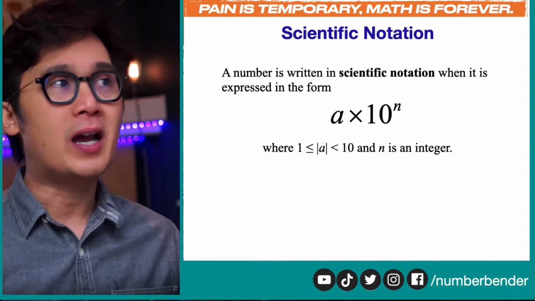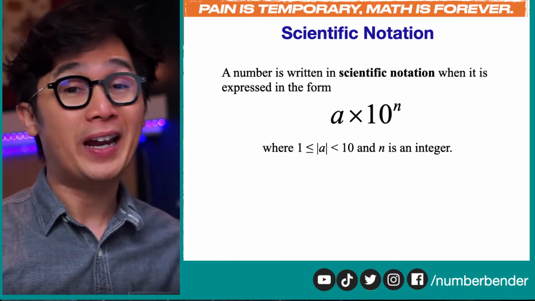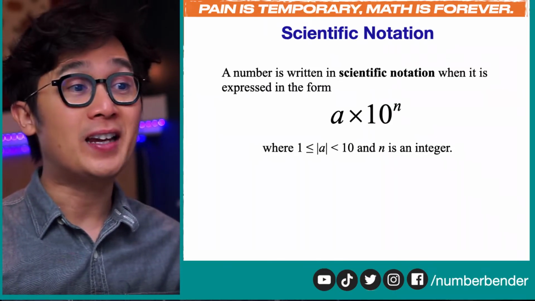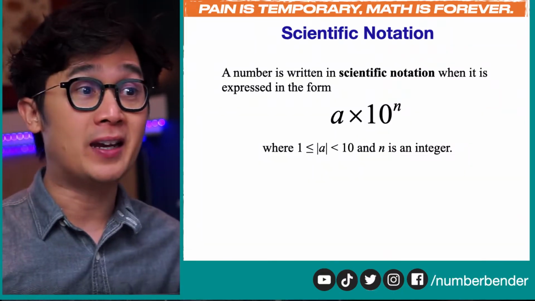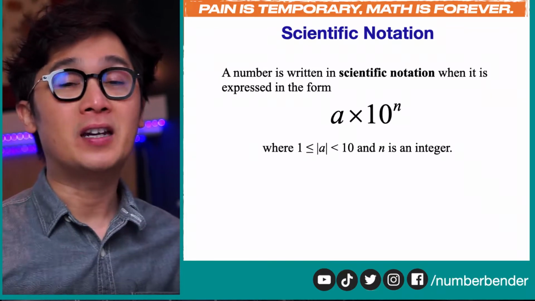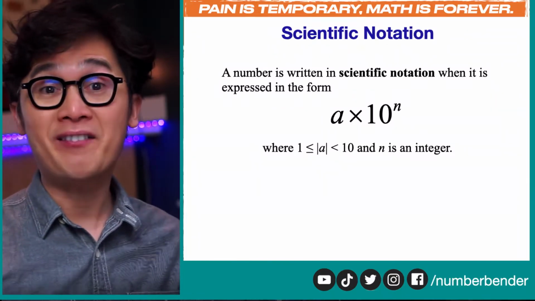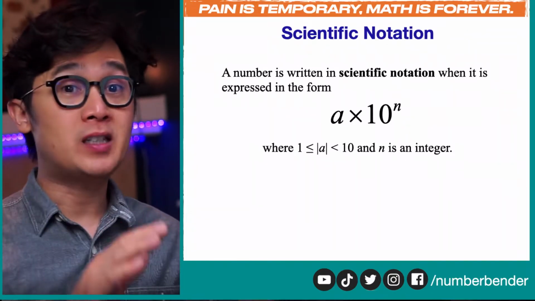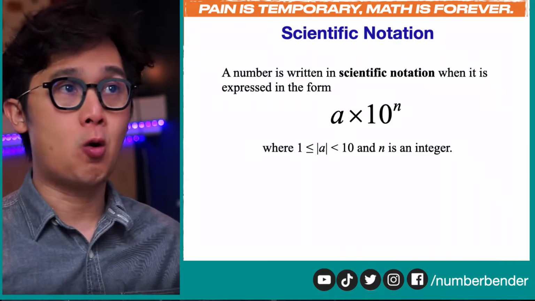This is how we write scientific notation, in the form a times 10 to the n, where a is a number between 1 and 10, and n is the power, which must be an integer, so it cannot be a fraction, but is either a positive or negative whole number.